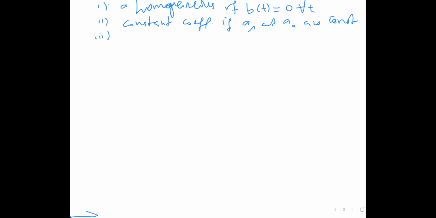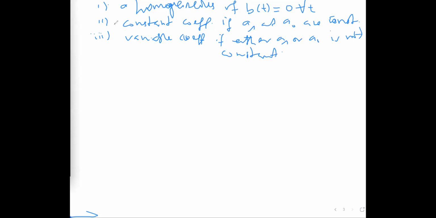Three, variable coefficients if either a1 or a0 is not a constant. So whenever any of the coefficients is not a constant, then we say that it has variable coefficients.